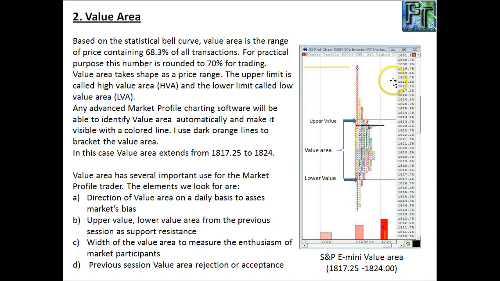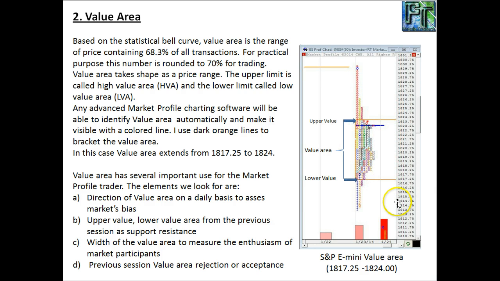So if I open above the value area high, then when price comes to this value area up here, I know that this is one area of support. Then if it comes to the POC, I know it's another area of support. If it comes to the lower value area, then another area of support.